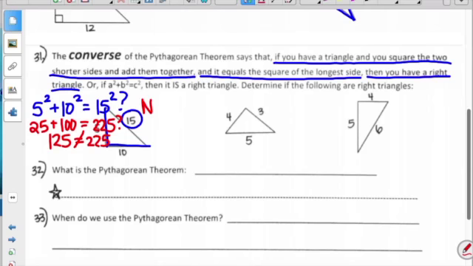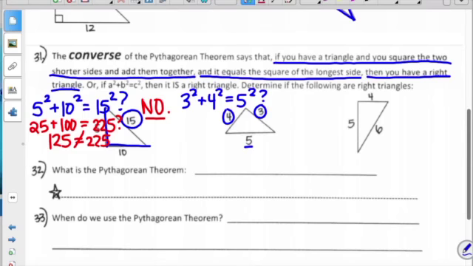The second one, my hypotenuse is the longest side, so that's 5. And my legs are going to be 3 and 4. So we're going to see if 3 squared plus the other leg, 4 squared, does equal 5 squared. Those numbers look familiar. If you go up to the top, do you see a 3, 4, 5 in our Pythagorean triples?